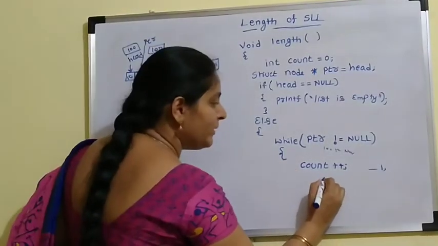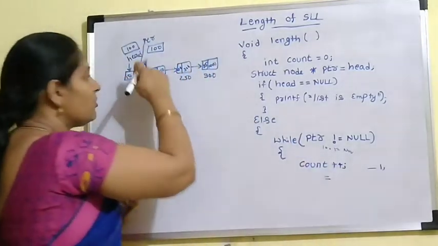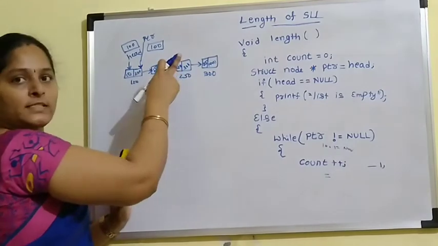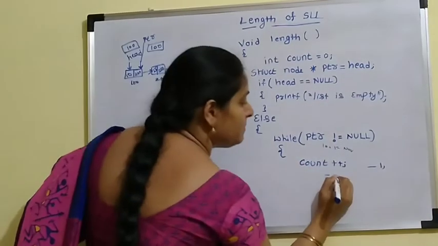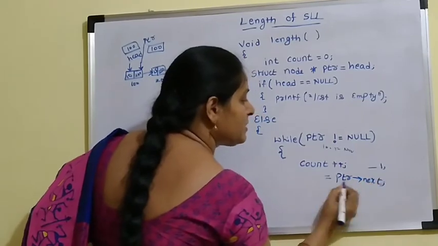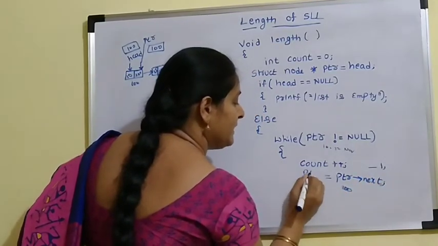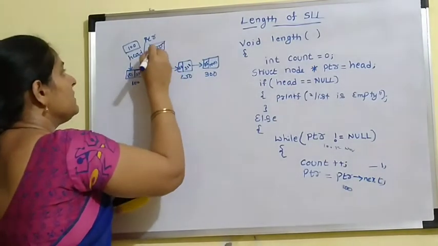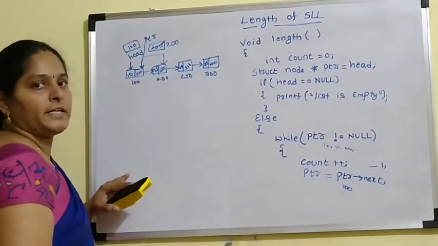Now we need to move PTR to the next position. We have already counted the first node. We need to move to the next node. So what is the PTR next? 200. So that PTR next we need to assign to the PTR. So PTR moves to the next address. This 100 will be replaced with 200.